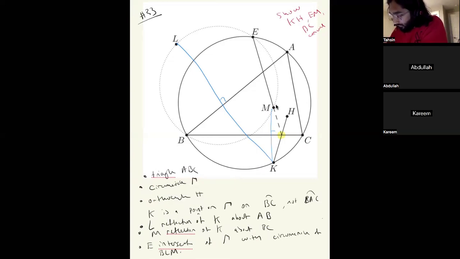If I take this orthocenter and reflect it over BC, I'll get this point H prime, and H prime actually lies on the circumcircle. Do you guys know this lemma? It also lies on the altitude as well.